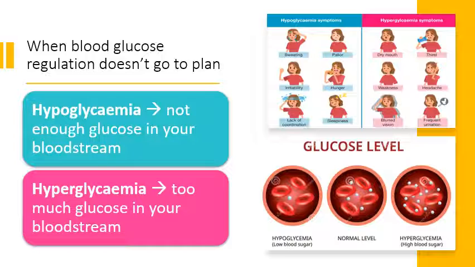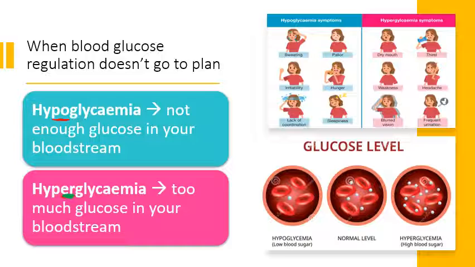If we are using the word hypoglycemia, we're actually referring to someone who does not have enough glucose in their bloodstream. Hyperglycemia is the opposite. Oh, you guys can't really see that red on the pink. Let me swap that to a green. So hyperglycemia is referring to too much glucose in your bloodstream.